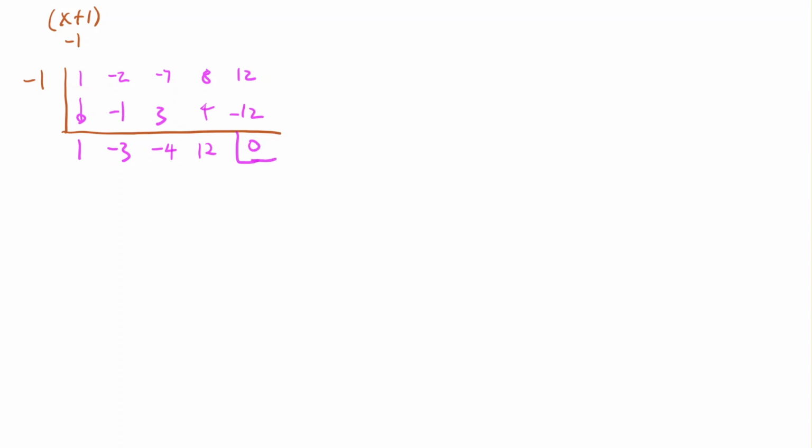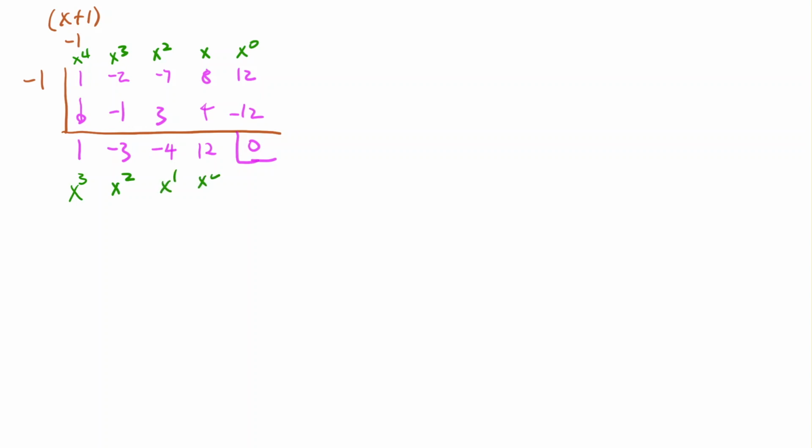Now, the reason we're doing this is because now we have coefficients for x to the 4th, 3rd, 2nd, x, and x to the 0, which is just a constant. When we divide, we have one degree less, right? Because we factored out x plus 1.